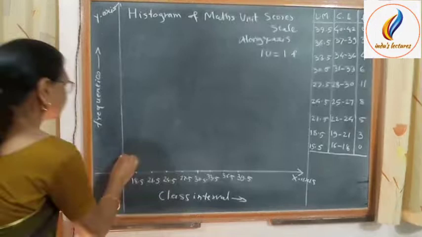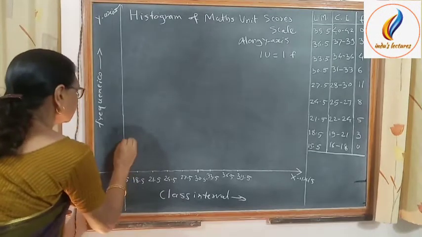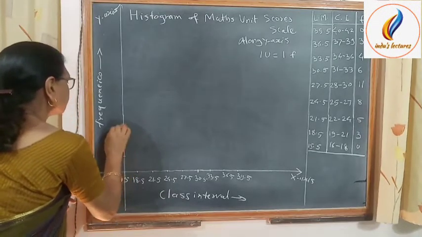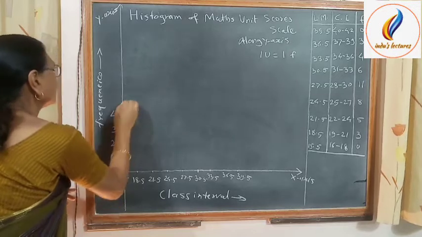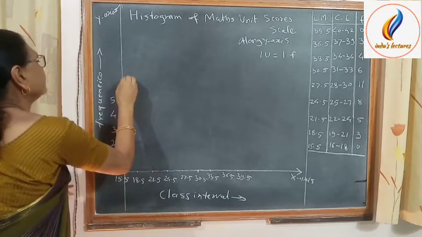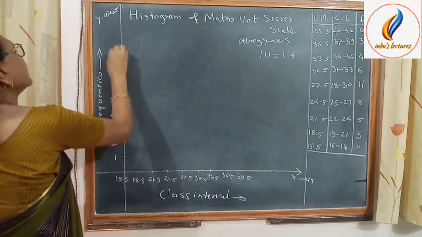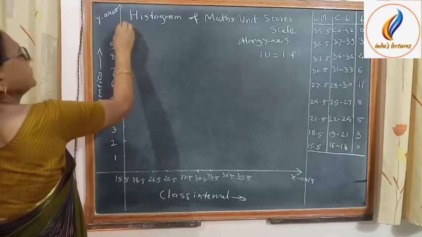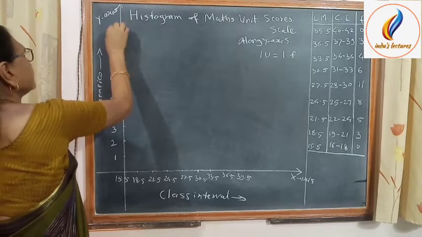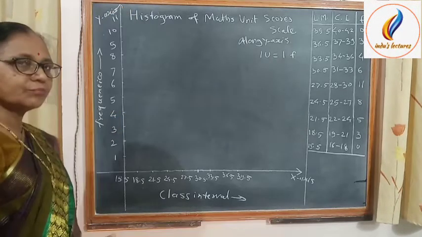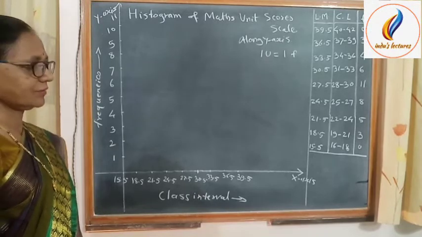So this is 1, 2, 3, 4, 5, 6, 7, 8, 9, 10, and draw the bar for each class interval.